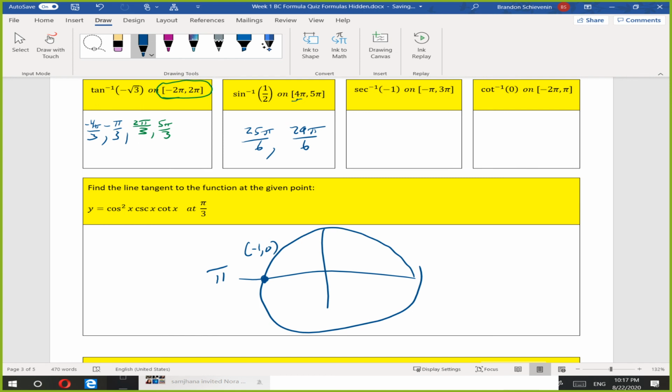Okay, so I know pi is okay. I'm going to jump to Nile. Nile, our bounds go from -pi to 3pi, and those bounds are included. So what other angles are coterminal with pi?